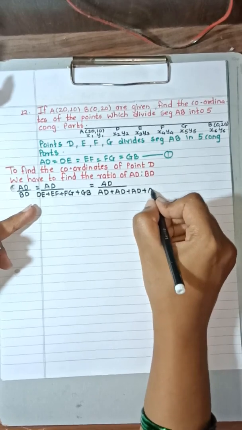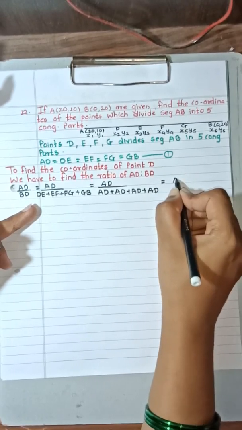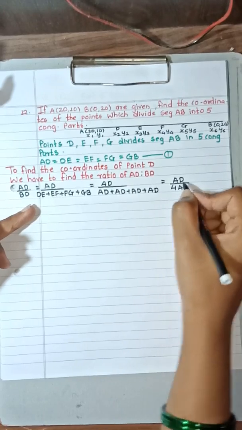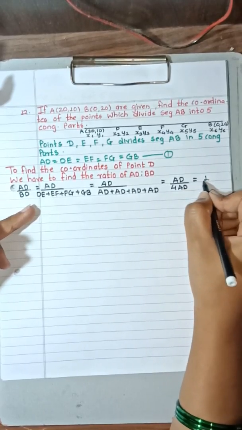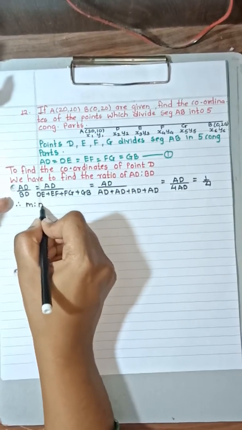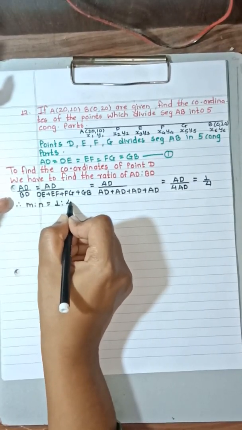So AD upon 4 AD will be equal to 1 upon 4. Therefore you can write down here M is to N is equal to 1 is to 4.